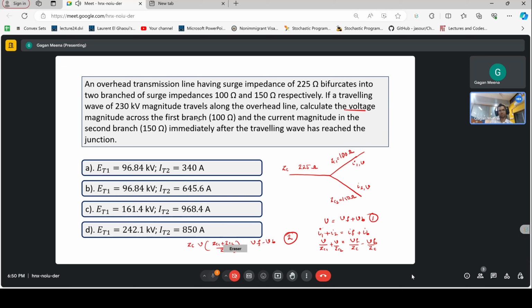So this will be V into ZC divided by ZC1 ZC2 divided by ZC1 plus ZC2, plus 1 is equal to 2Vf. Vf is known, this is 230 kV. So from here you can find out V, it is 2Vf divided by ZC divided by Z1 plus Z2, plus 1.